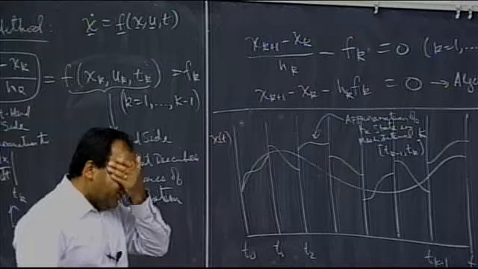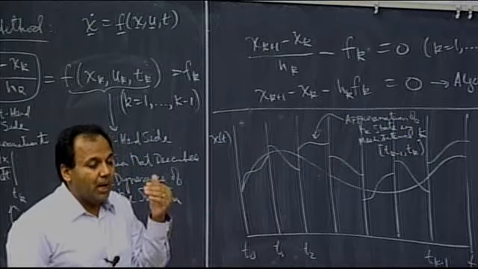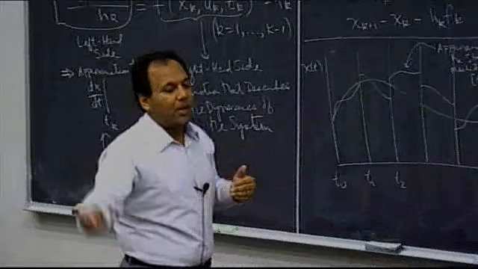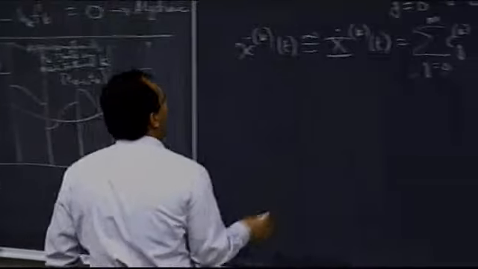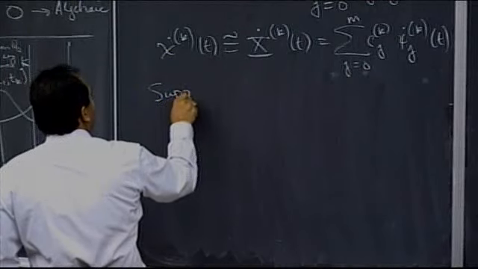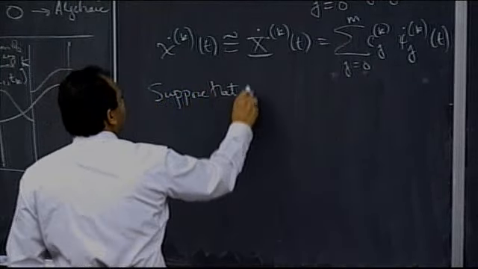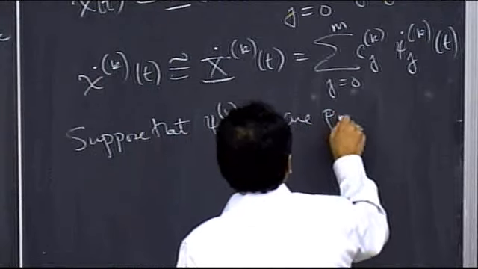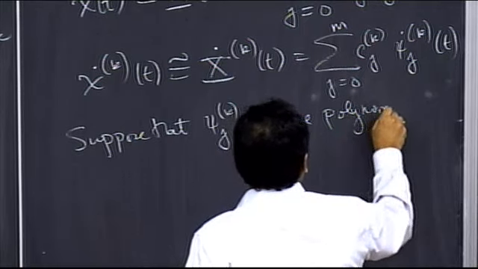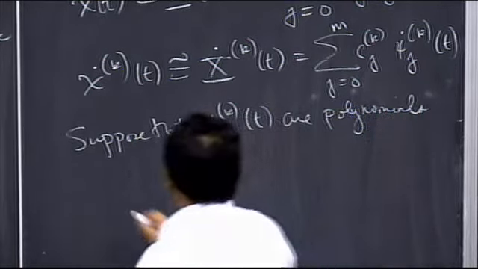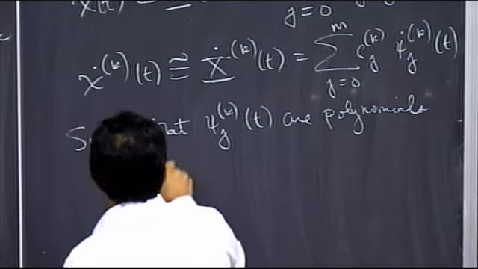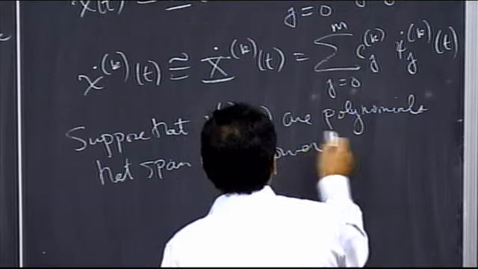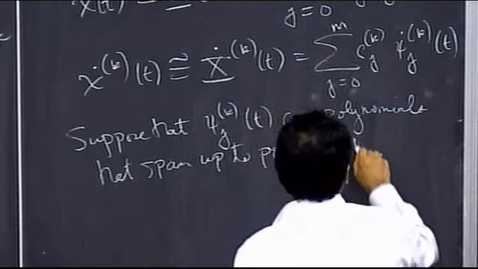Now the question becomes, how do I do the approximation so that I enforce it at the right number of points? So let's just suppose, for example, that the psi j k of t are polynomials that span up to power m minus 1.